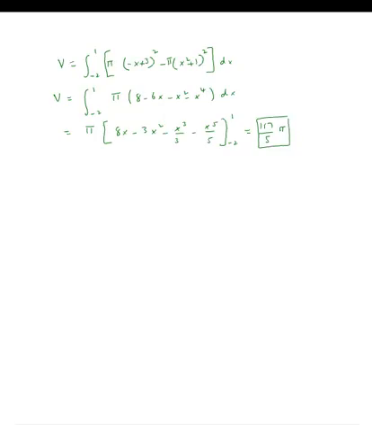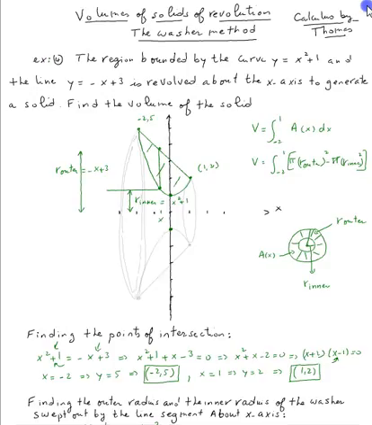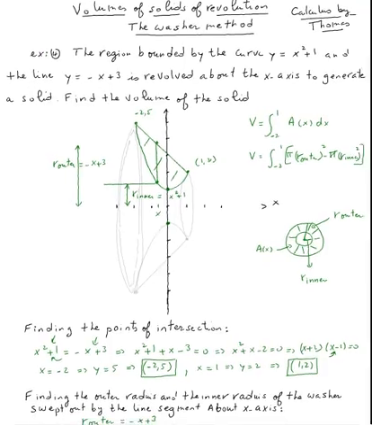Let's draw the solid, just to see how it's going to look. We're going to do reflections of some points. The reflection of this point would be right here. The reflection of the point 1, 2 will be right here.